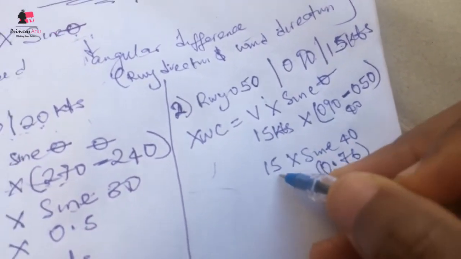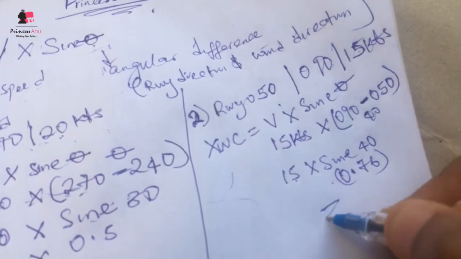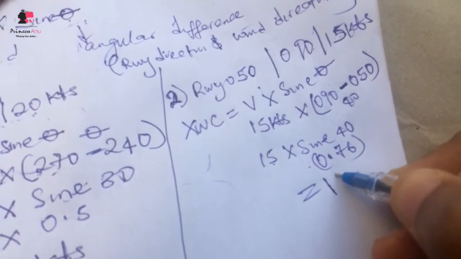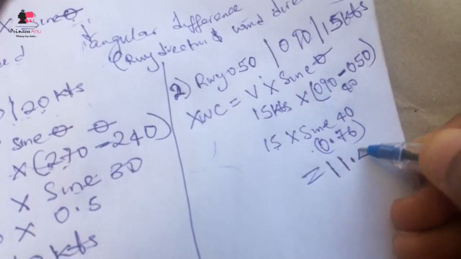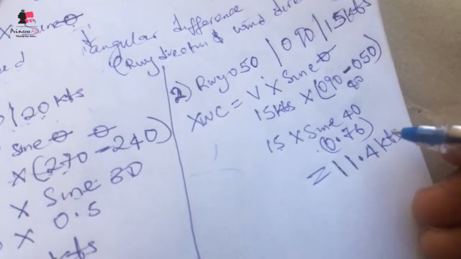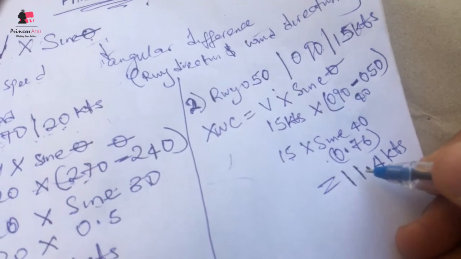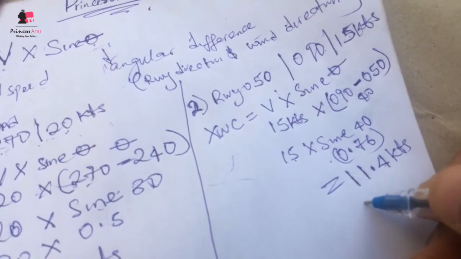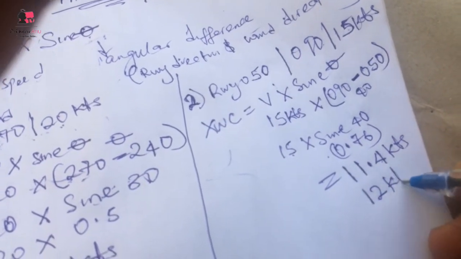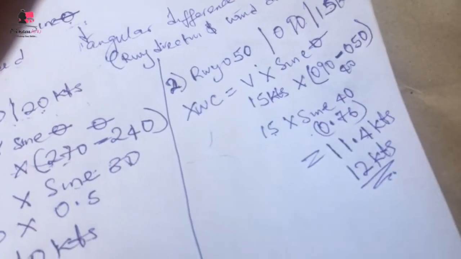So 15 times 0.76 is going to give you about 11.4 knots. Let's just round it up, though this is not 5, but I'll advise us to leave it as about 12 knots, so that we know how we're anticipating.